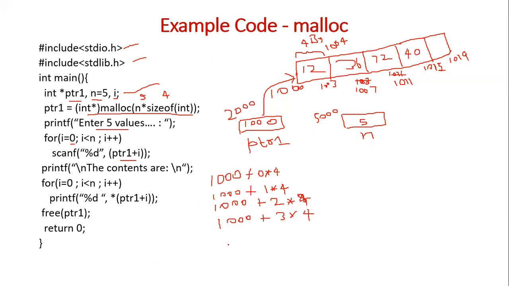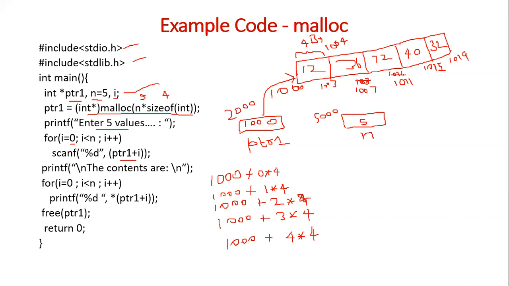The fifth value will be stored at the fourth index location, which is 1000 plus 4 into 4, which is nothing but 1016. So at 1016, the last value will be stored. Say it is 32. Like this, the inputs will be read.